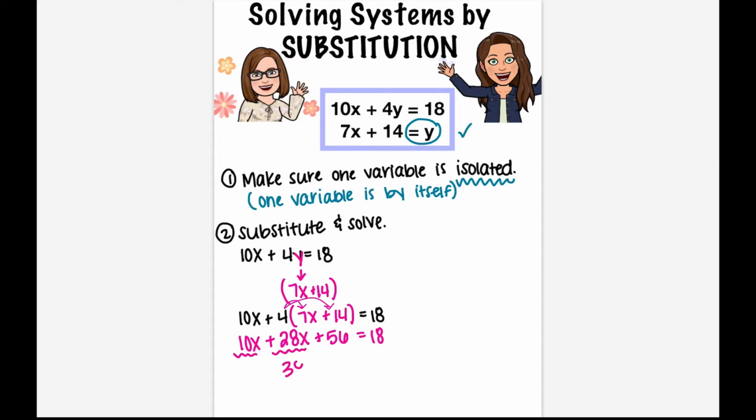Now we want to simplify. So this would be 10x plus 28x is 38x plus 56 equals 18.